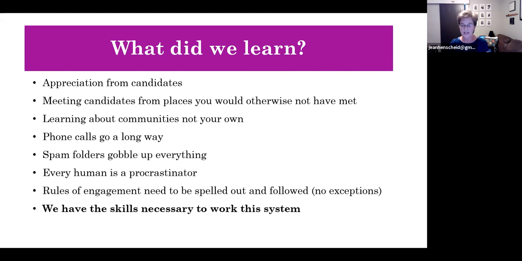It's for the candidates and for the overworked and underappreciated local election staff. When in doubt, call and leave a message if you don't get somebody right away. The candidates were actually very responsive. I was surprised. More responsive in some areas than in others.